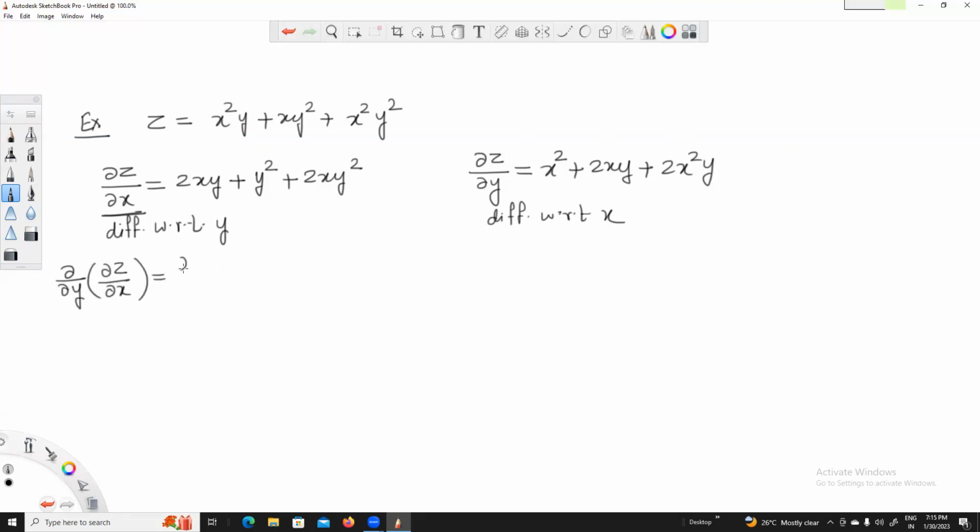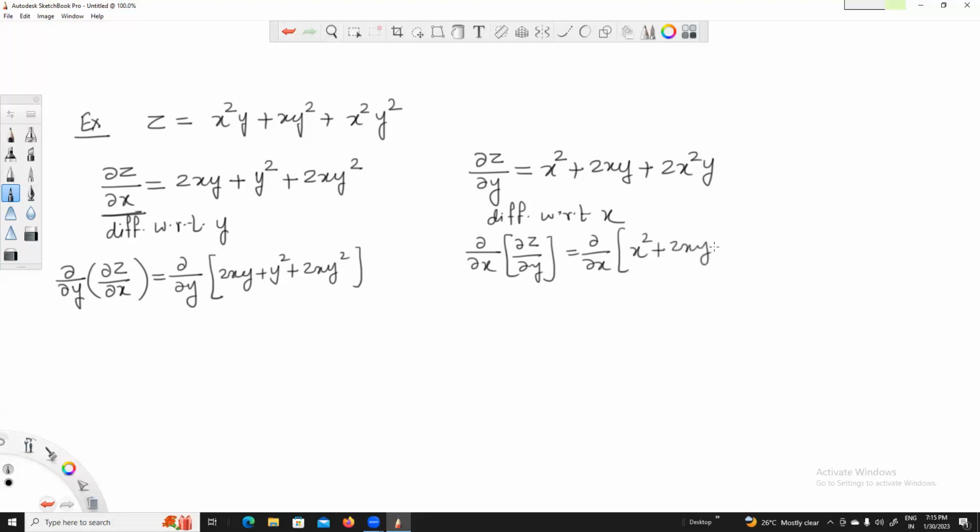In the first step, I'll write it in detail: del by del y of 2xy plus y square plus 2x y square. And at the same time I'll write it here as well: del by del x of del z over del y equals del by del x of x square plus 2xy plus 2x square y. All right, no problem. Let's do this.